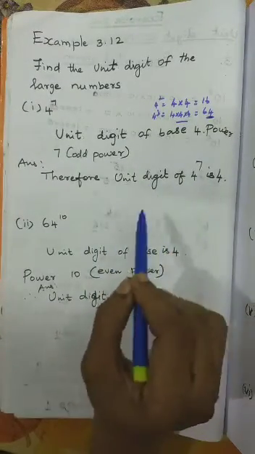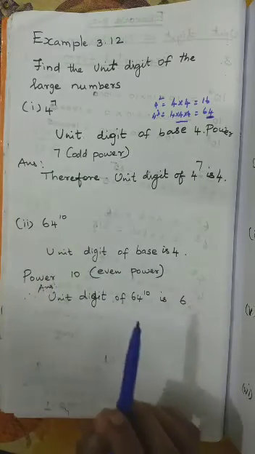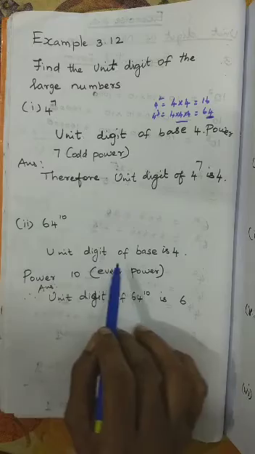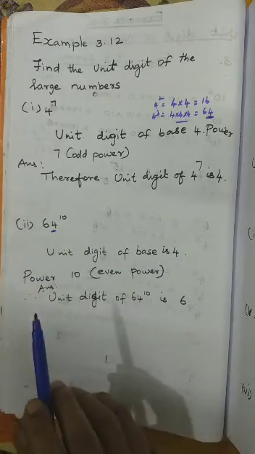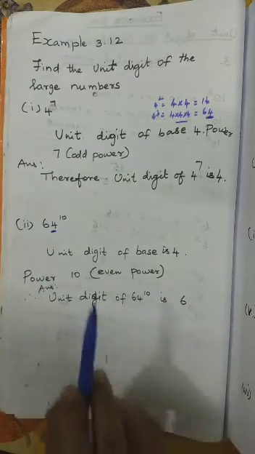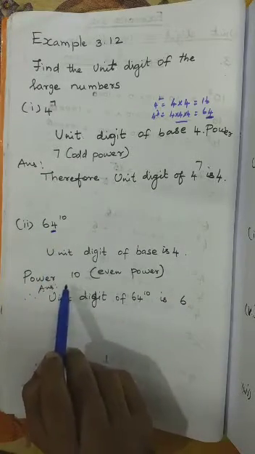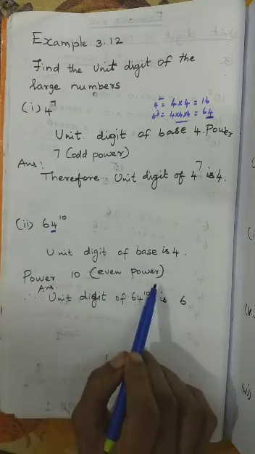Have you understood? Okay. Then you shall see the next one. 64 power 10. Here the units place of base 64, sorry, that is 4. We can take the base as 4. So the power is 10. Even power.